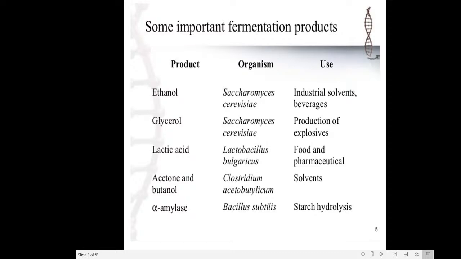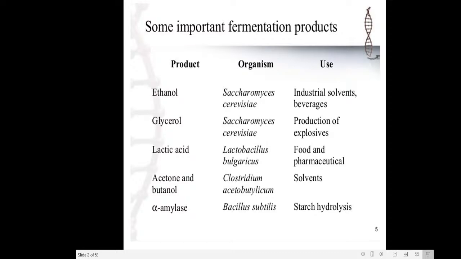Here we want to know one thing: not all Lactobacillus species are able to produce lactic acid, and some Lactobacillus are harmful to the human system. So Lactobacillus bulgaricus is well studied and accepted by the FDA for food and pharmaceutical production.